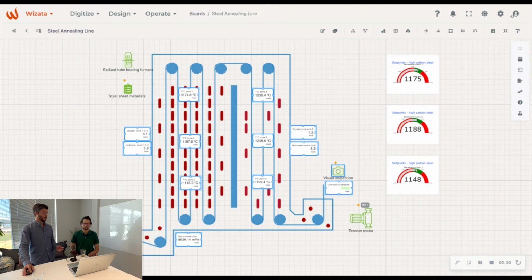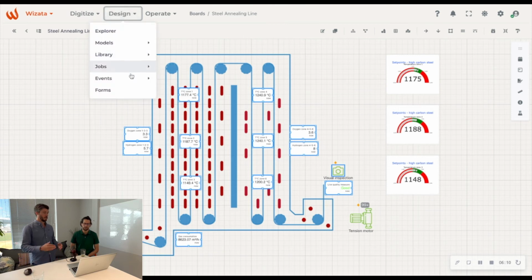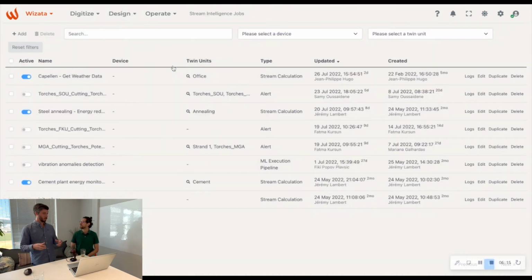Based on this input, live, the model will recommend all of these temperature set points. Here it's recommending the target value with some specific windows of tolerance, so you have a lower limit and a higher limit all the time to be sure that you don't overshoot or undershoot. Okay. All of this is happening live, so recommendations come in live, and it can be replicated to control the line.